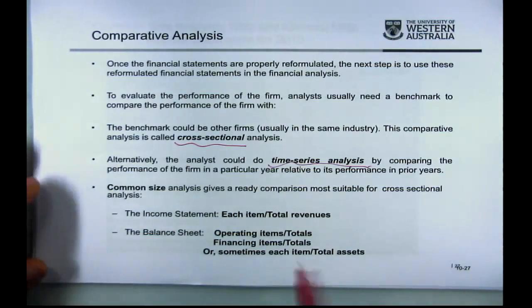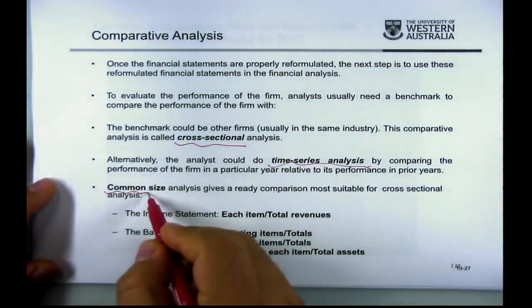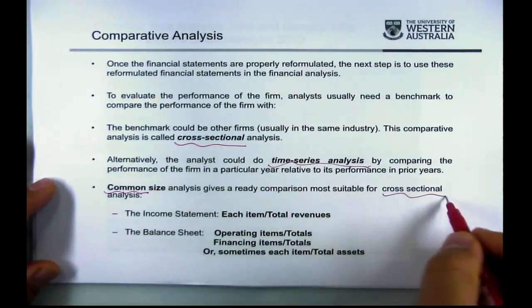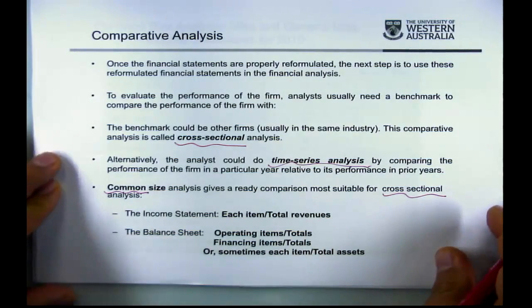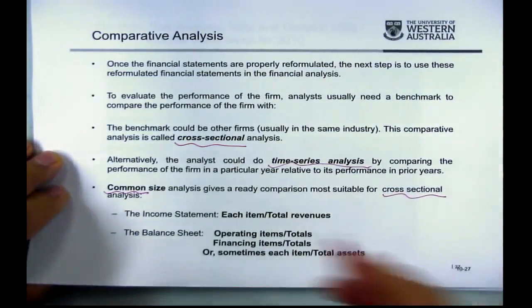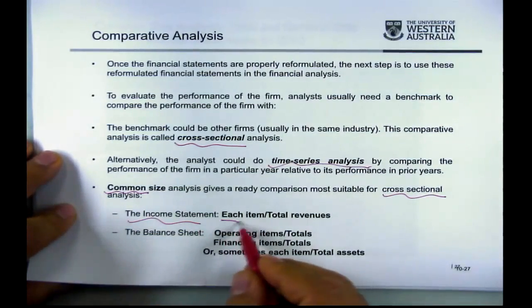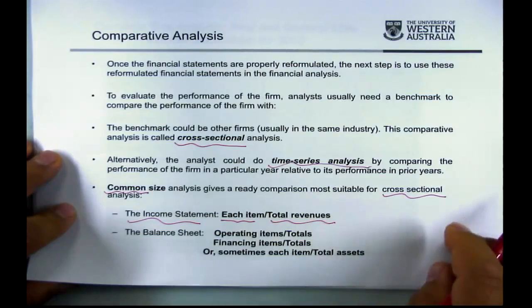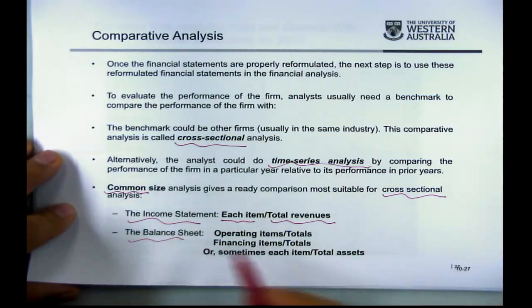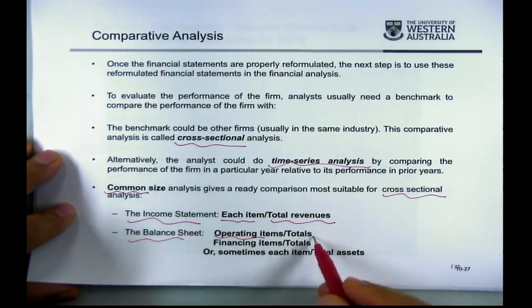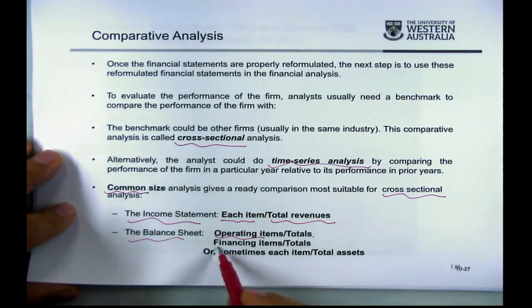There is something also called common size analysis. It is very useful also in the cross-sectional type of analysis. According to the common size analysis, for the income statement, we divide each item by the total revenues, and for the balance sheet, we divide operating items by the total and financial items by the total.